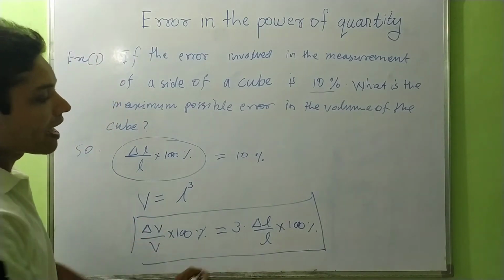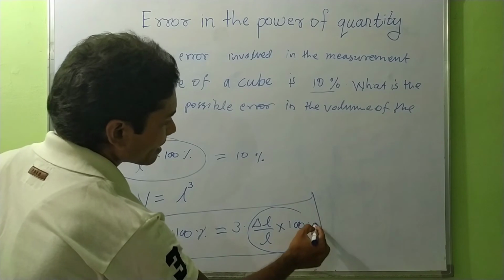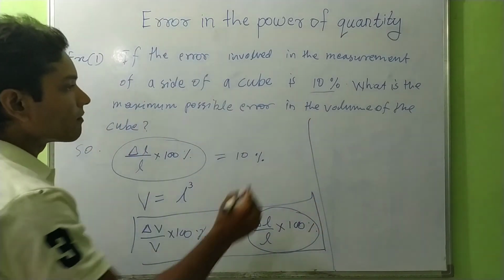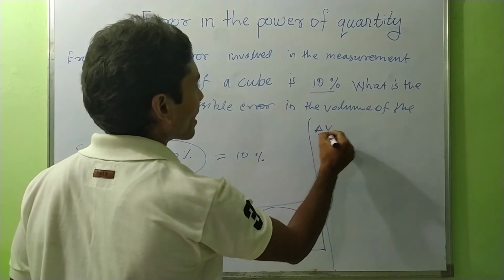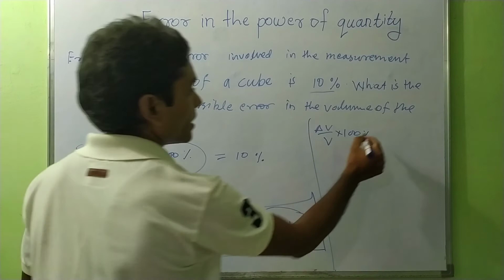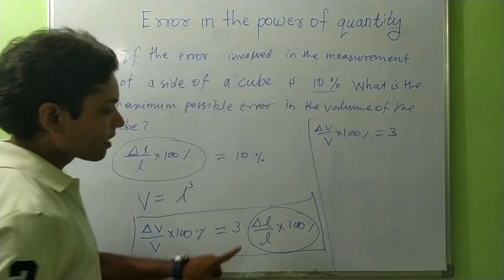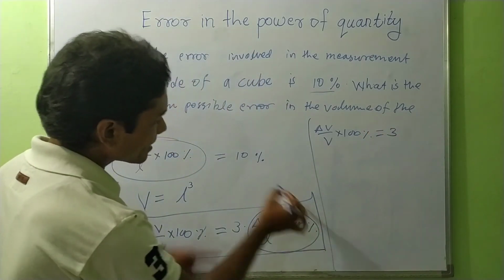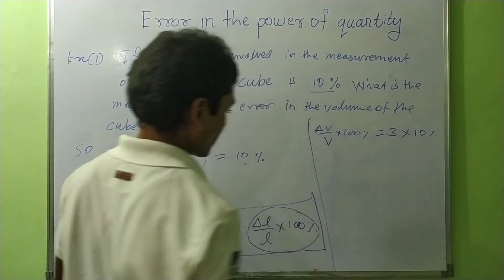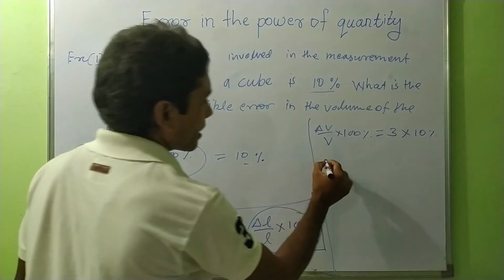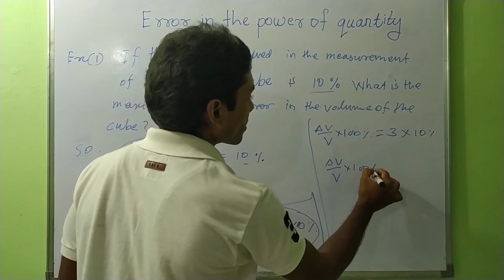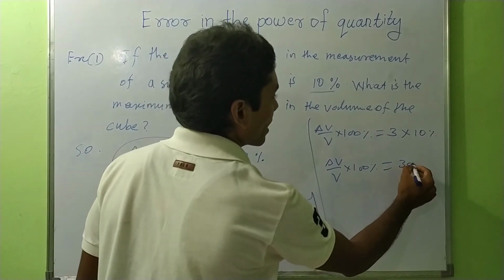So this is the formula for the percentage error in the volume of the cube. On putting the value of the percentage error in the side, the percentage error in the volume will be del V upon V into 100% equals 3 into 10%, so the percentage error in the volume will be equal to 30%.